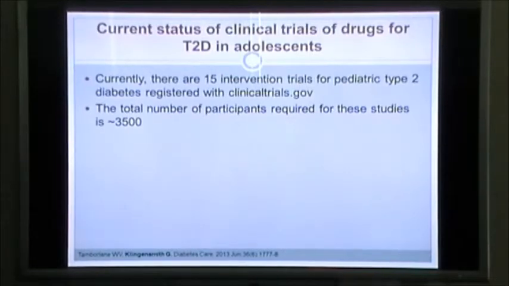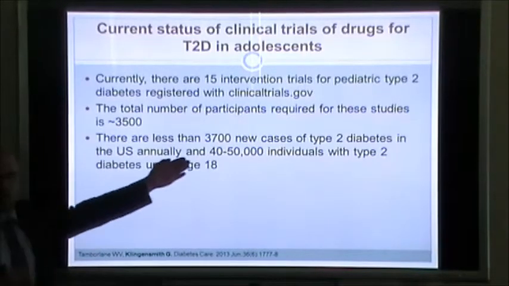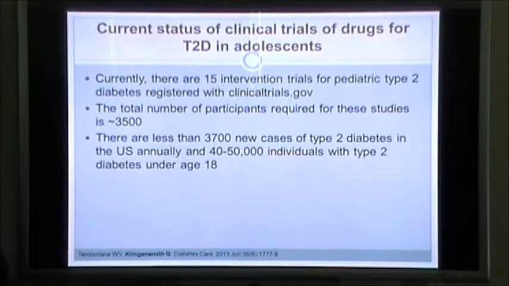The total number of participants required for these studies currently is 3,500. There are less than 3,700 new cases of type 2 diabetes in the US annually, and only 40,000 kids in the country under the age of 18. So we're asking to enroll 10% of all the children with this disorder in trials.